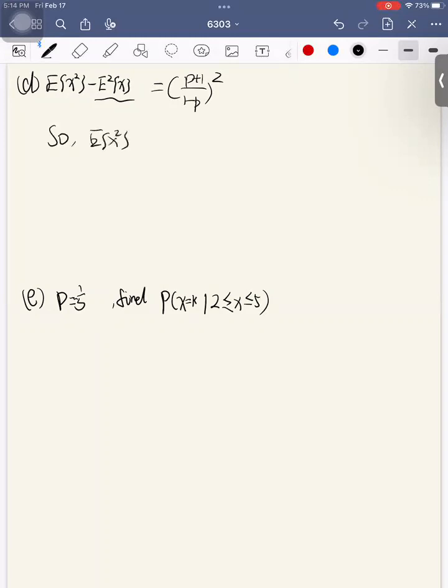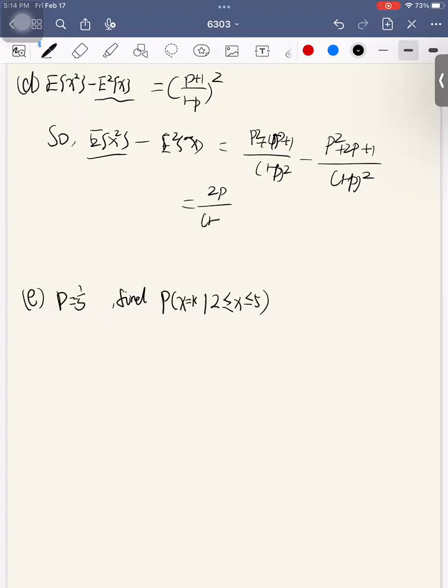This value we already know in part C, and this value we know in part B. So we just subtract them. It's just like a math question. Just not multiply, just subtract them together. So we get E[X squared] minus (E[X]) squared is this value right here.